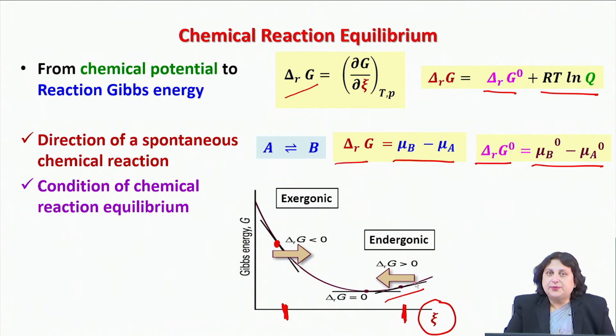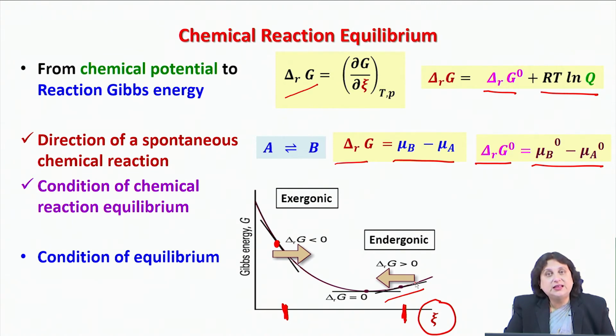Now, there is something very important that is coming out from here. Since the slope changes from negative to positive, there must be an intermediate region where the slope becomes equal to 0. And that is associated with the extremum of the plot of G versus xi.